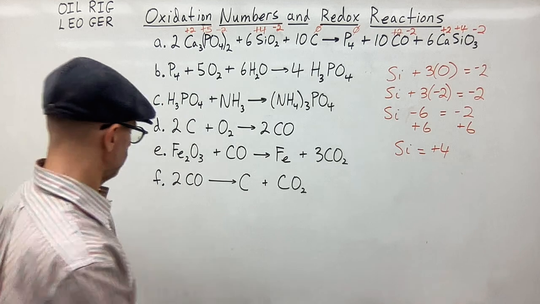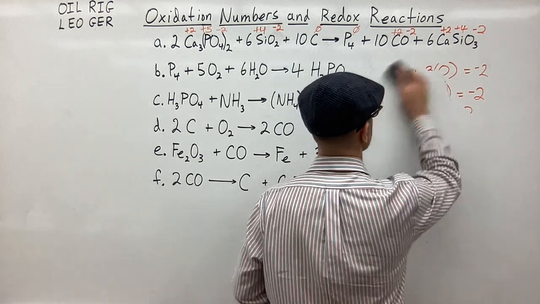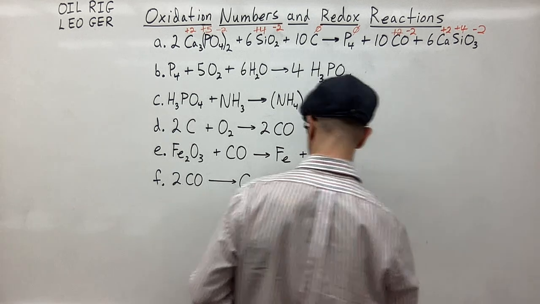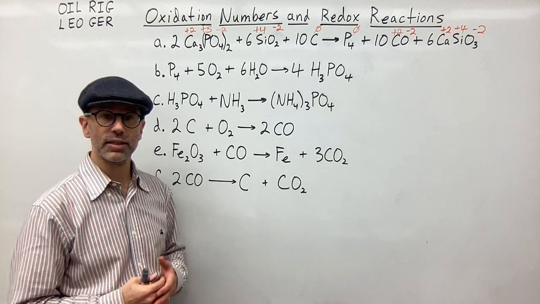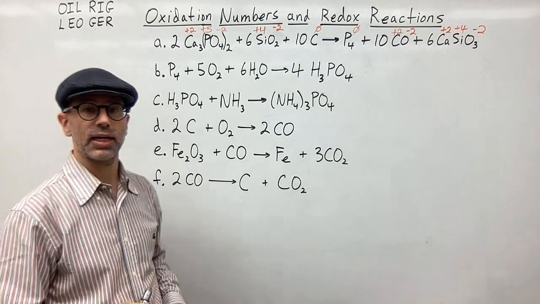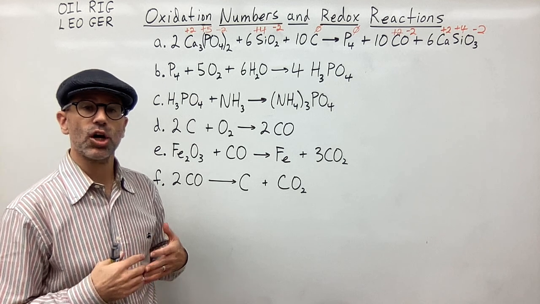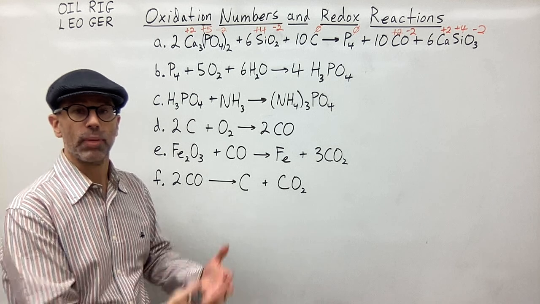Okay, so now that we have all of the oxidation states taken care of, we can see what's been oxidized and what's been reduced. Now remember, OIL RIG: oxidation is loss of electrons. So if you lose electrons, that means you're going to become more positive.